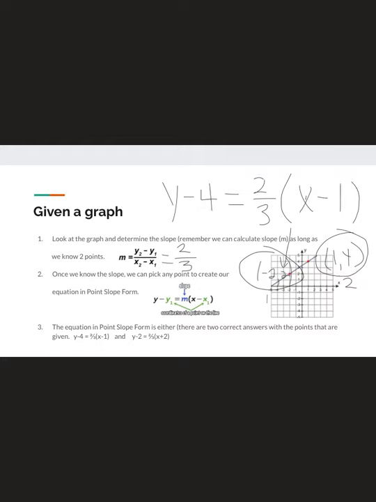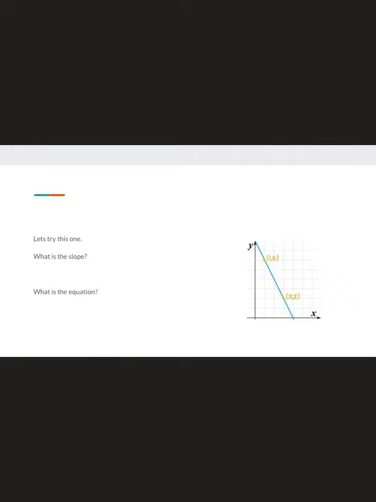So if you had picked (1, 4) as your point 1, then y minus 4 equals 2/3 times x minus 1 would be the equation of that line in point slope form. So when given an option of writing in point slope form, you can pick either of the points that are given to you. Both answers are equally correct. Remember that, please.